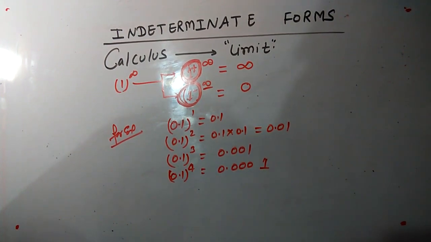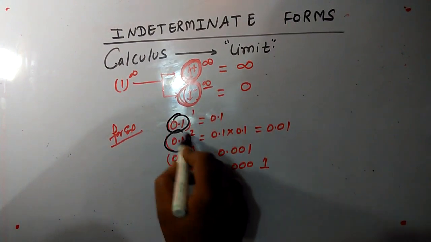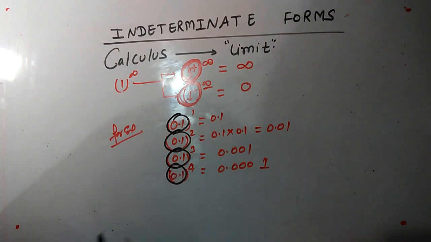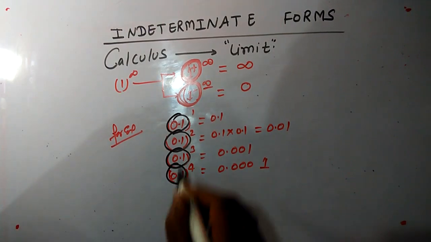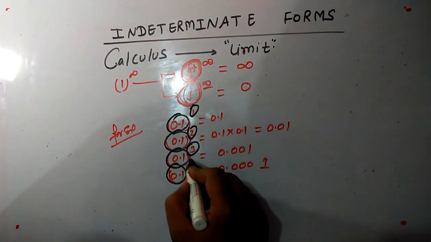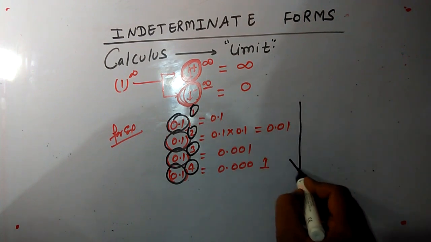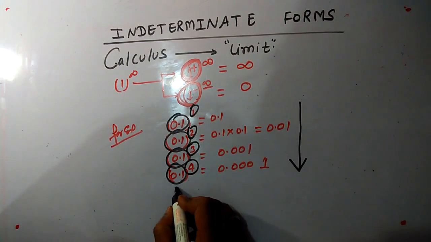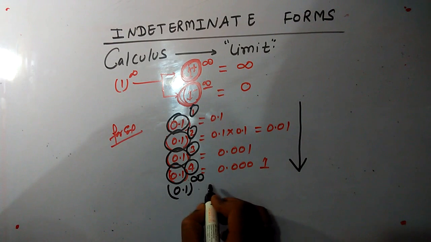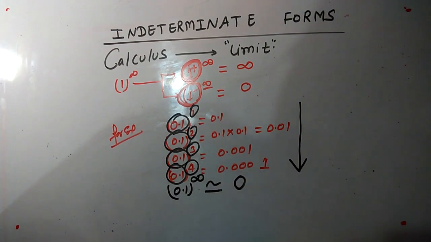So you can observe that since base is less than 1, between 0 and 1, and I am increasing power, the value is decreasing continuously. So 0.1 raised to power infinity will be approximately equal to 0.